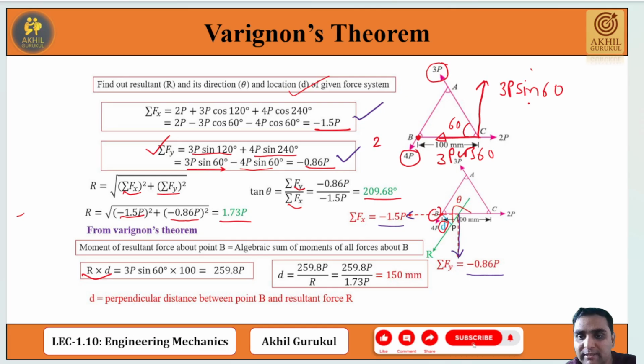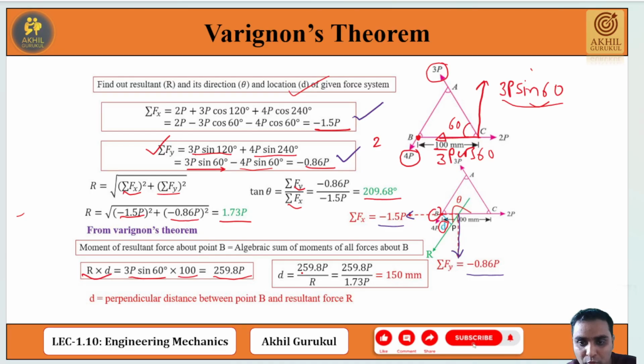The vertical component is 3p sin 60. The horizontal component is 3p cos 60. The horizontal component also passes through point A, so the moment of the horizontal component 3p cos 60 is also 0. So the moment is created only by 3p sin 60. The moment of 3p sin 60 is equal to the side of the equilateral triangle, 100, into 3p sin 60. So 3p sin 60 into 100 is equal to 259.8 p.